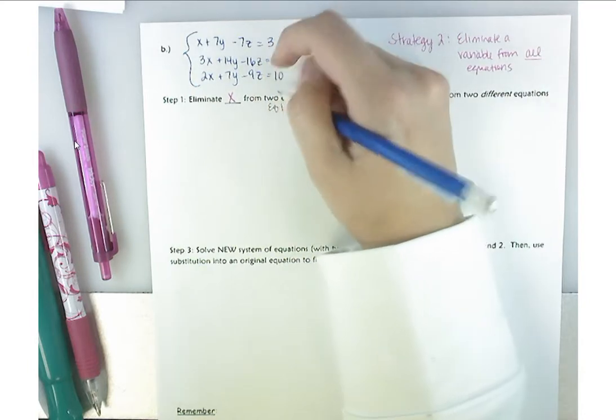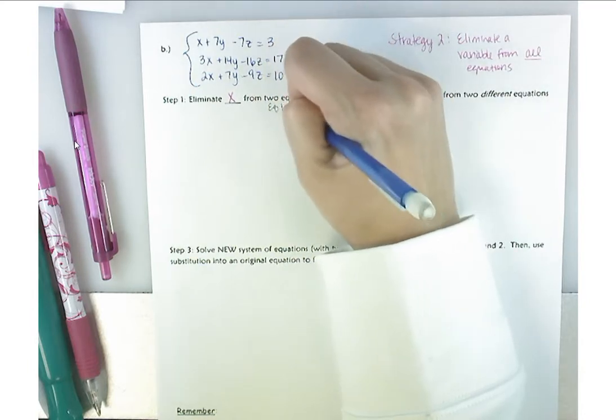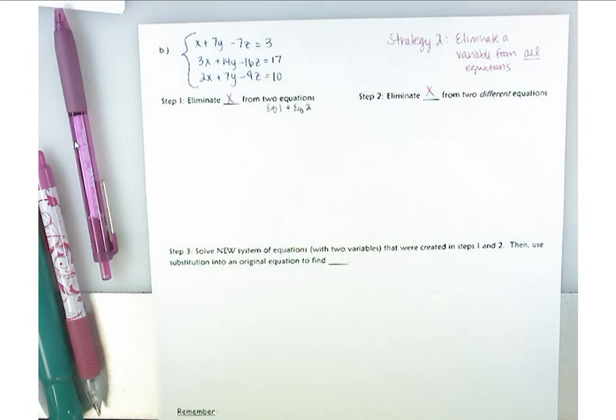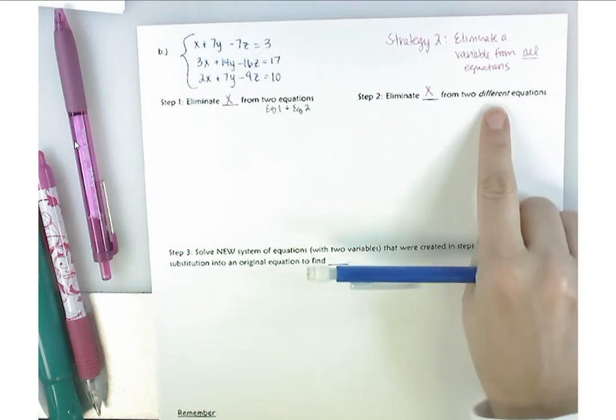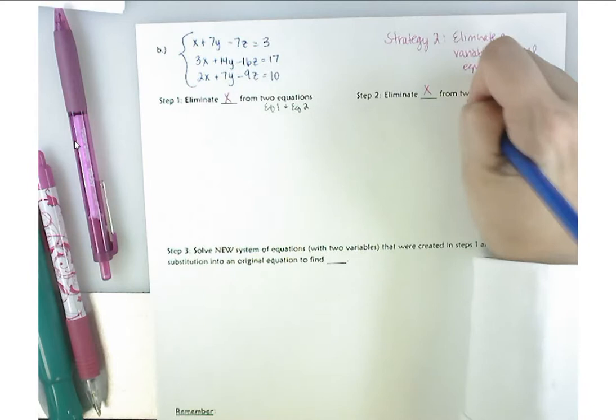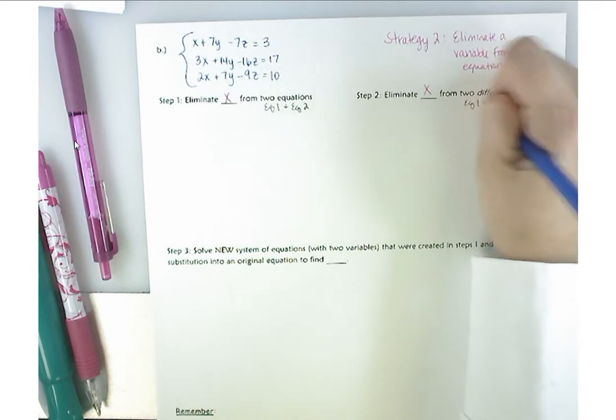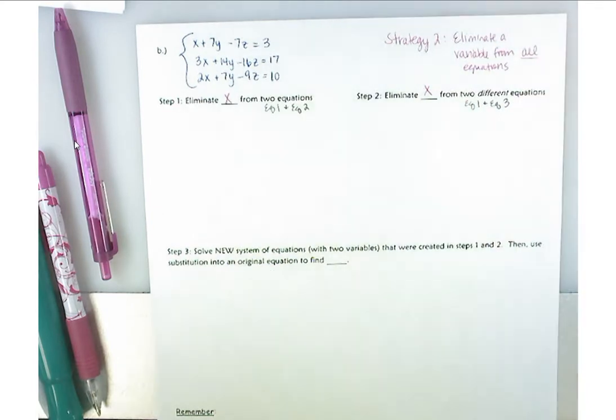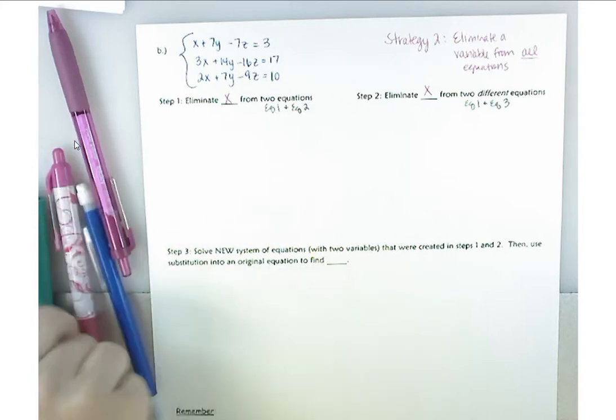So sometimes I use equation 1 and equation 3. Other times I'll do equation 2 and equation 3. It honestly doesn't matter as long as it's not equation 1 and 2 again. Okay, so they just have to be 2 different equations.